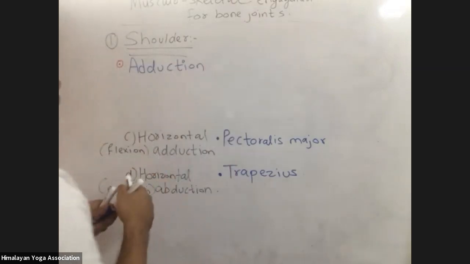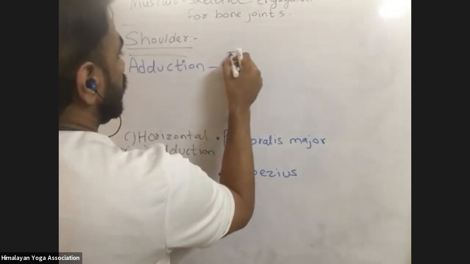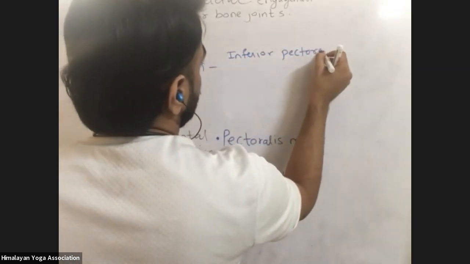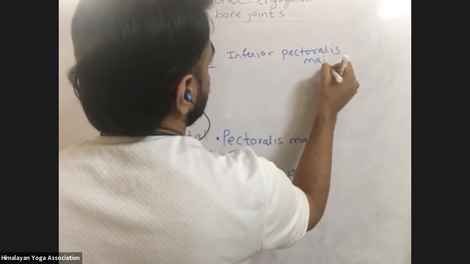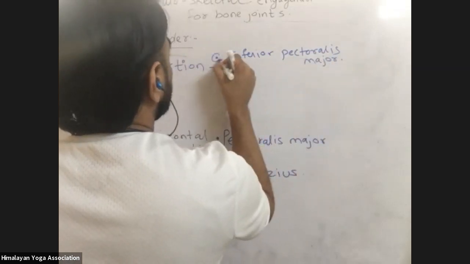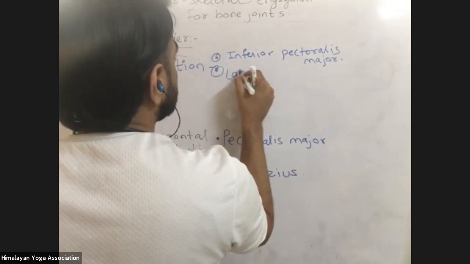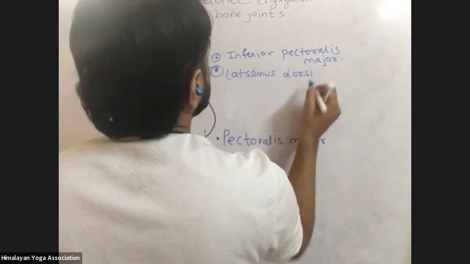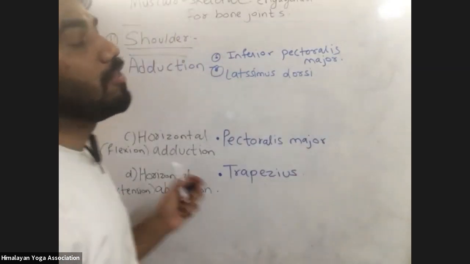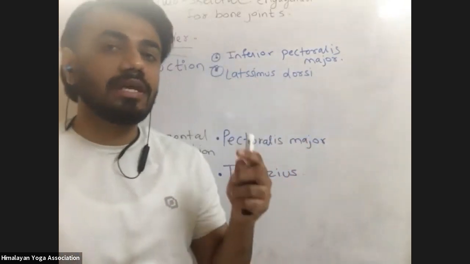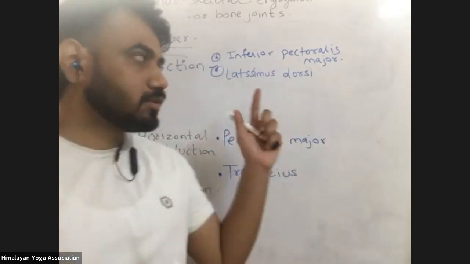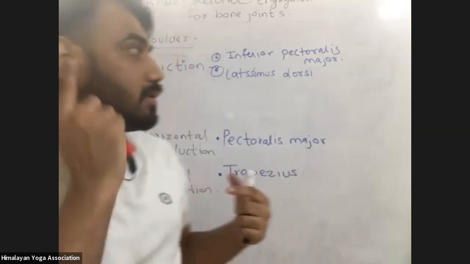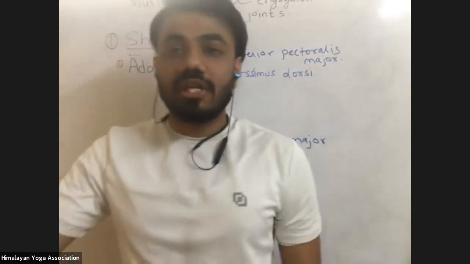So here, inferior pectoralis major muscle along with latissimus dorsi. These muscles you will find where we have already studied the major locations. So now it will be easy for you to understand where exactly they are. So this is adduction, inside movement.